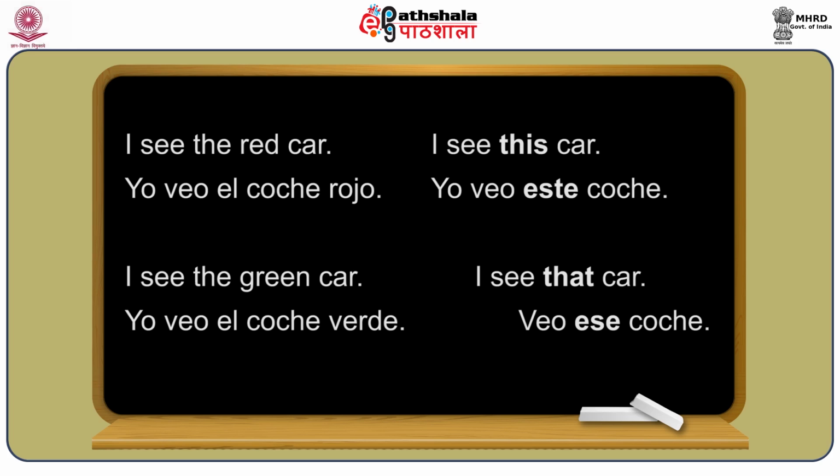So este is this. And if I say I see the green car and I see that car, again "that" is the demonstrative determiner. I see the green car in Spanish will be yo veo el coche verde, and I see that car will be veo ese coche.